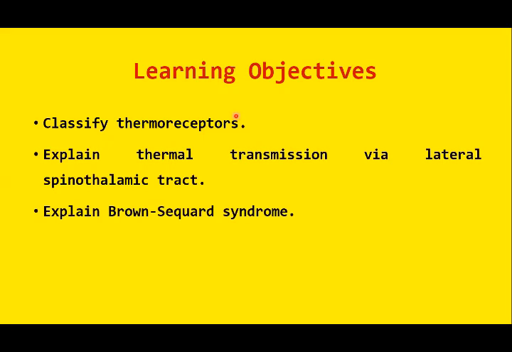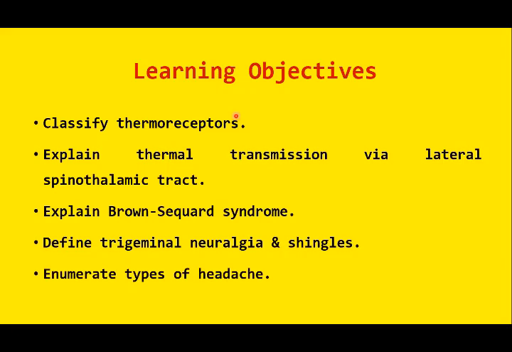Then we will discuss Brown Sequard syndrome, trigeminal neuralgia, shingles, and then at the end we will discuss a few types of headache. So these are the learning objectives for today's session. So let's start.